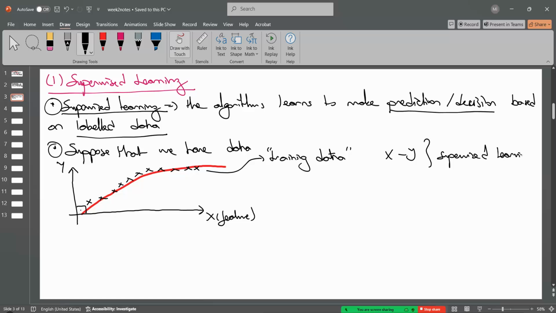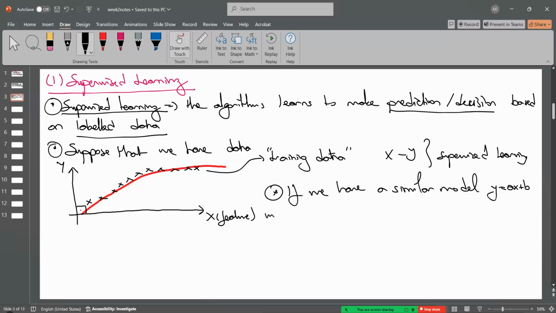Okay? And so if we have a simple model just like this one, y is equal to a x plus b. Okay?